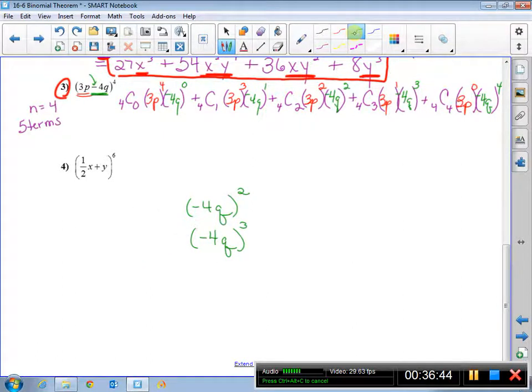If you have an even exponent, it's going to come out positive. If you have an odd exponent, it's going to come out negative. So be aware, that is going to happen anytime we have a negative or subtraction in our original problem. All right, let's finish this one up.